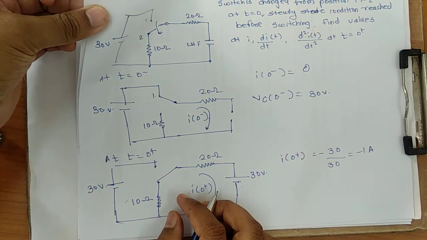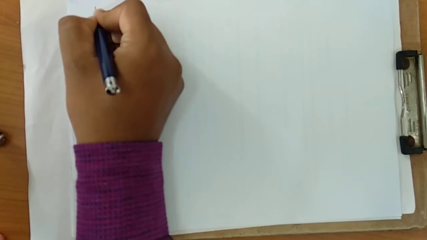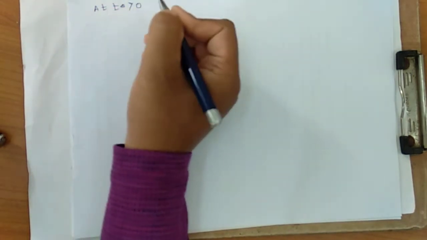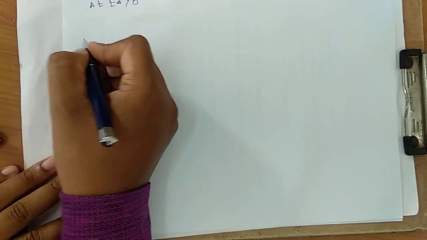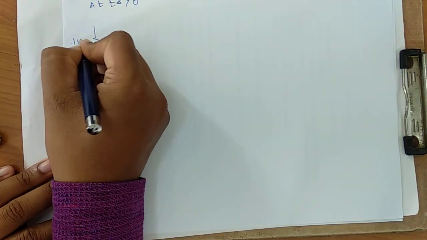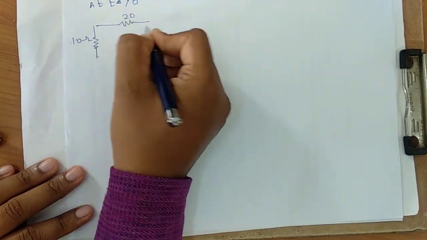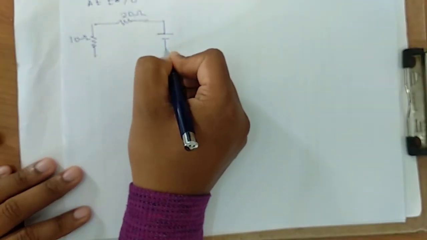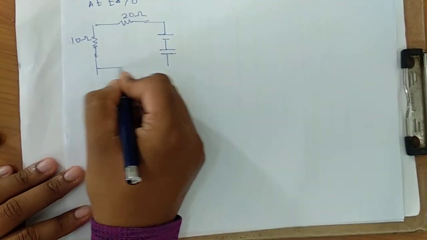Now we'll move on to the next part, which is a very important part for us. At t greater than 0, meaning at the steady state condition, how will the circuit behave? As per the table, you can see that the 10 ohm resistor and the 20 ohm resistor will be available, and along with that the capacitor will be added in series with the voltage source.